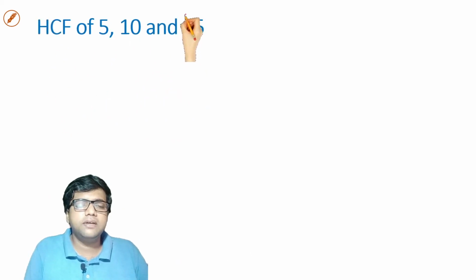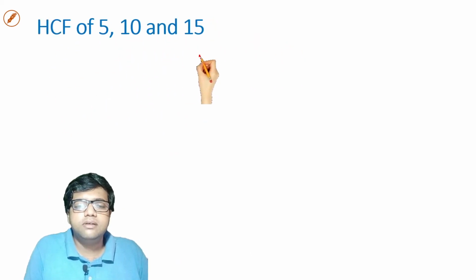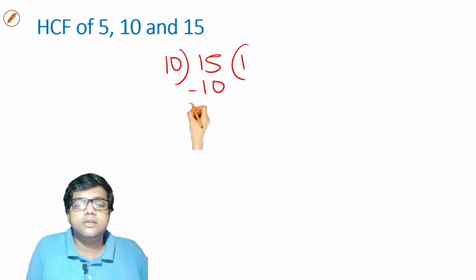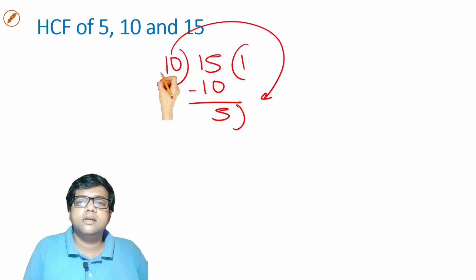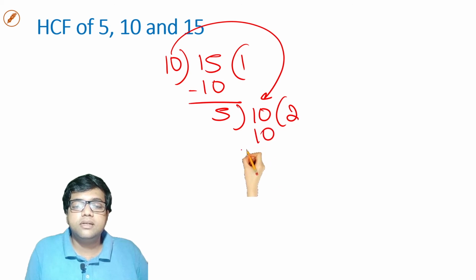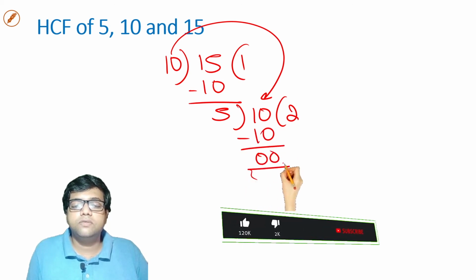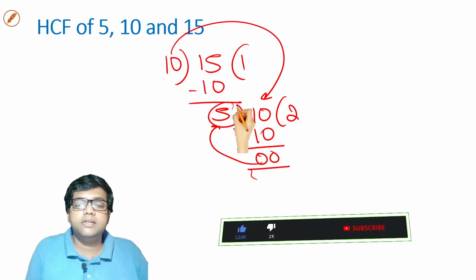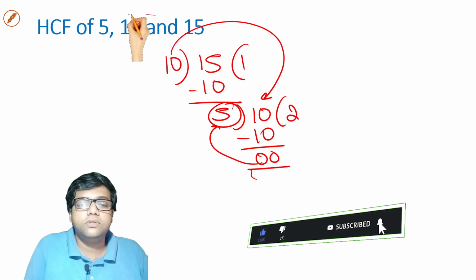HCF for 5, 10 and 15. Same method. 10 ones are 10. You will get 5. Make this the divisor, and take the previous divisor as the dividend. So 5 twos are 10. You got the remainder 0. So when you get the remainder 0, the immediate divisor becomes the HCF for these two numbers.